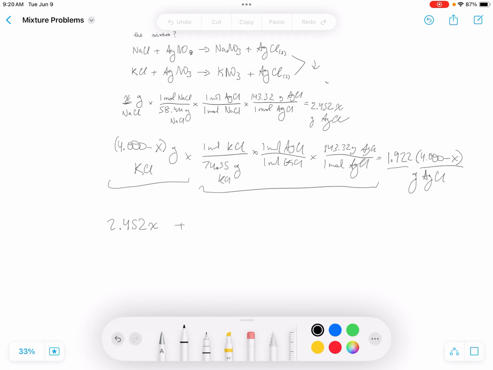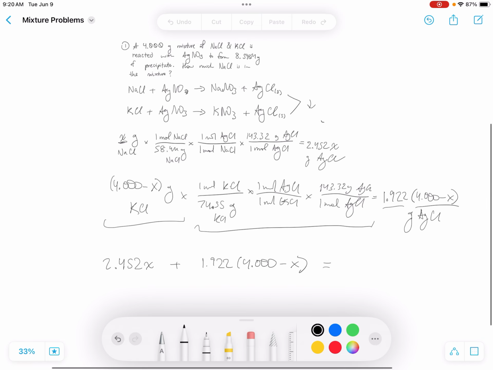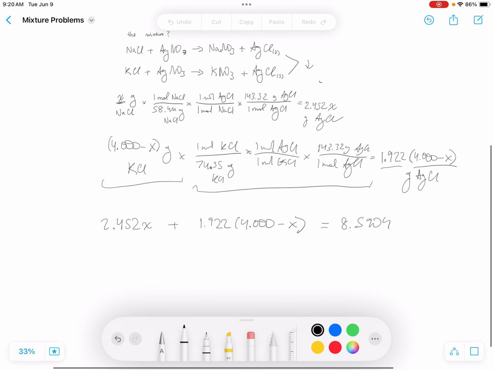And we know the amount of AgCl formed from the KCl in the mixture is 1.922 times 4.000 minus x. All of that should equal the total amount, which is 8.5904 grams, right? So now this is where the algebra part comes in. We have to use algebra to solve this.